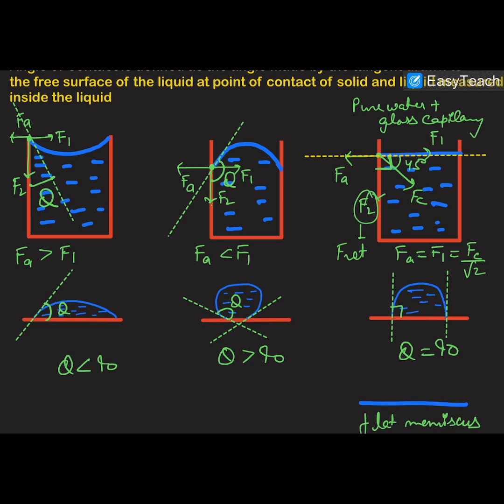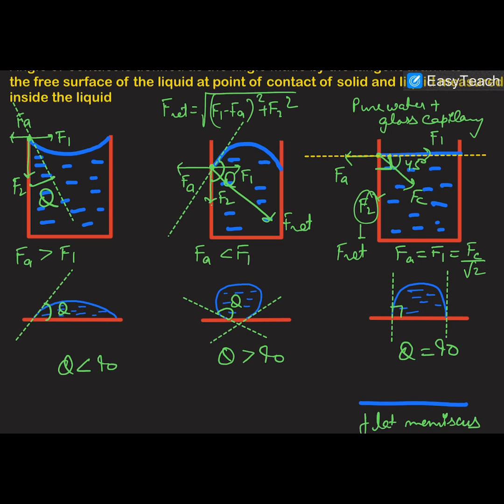And therefore the net force, which is the resultant of all of these, will be like this, and this net force F net will be equal to under root of (F1 minus Fa) whole square plus F2 square. This will be the net force.